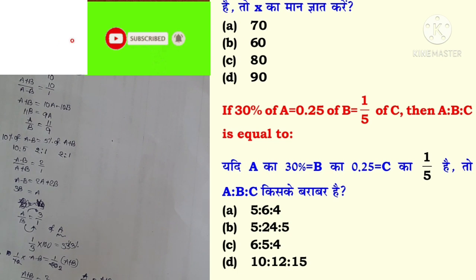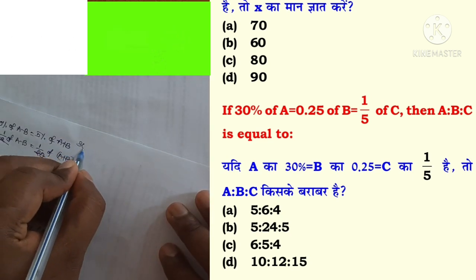So if 30 percentage of A is equal to 0.25 of B is equal to 1 by 5 of C, then A is to B is to C is equal to?